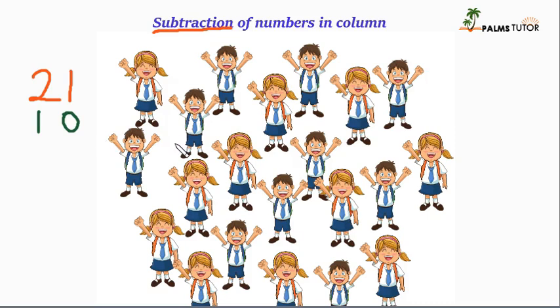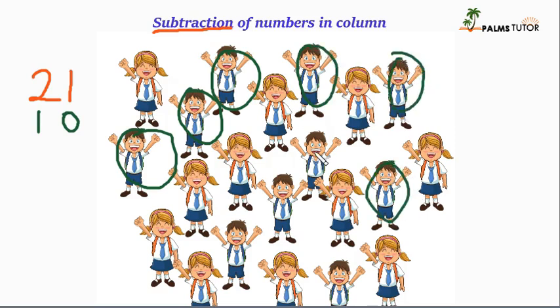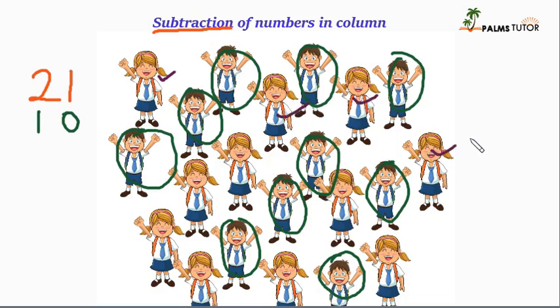Let's take away the boys. 1, 2, 3, 4, 5, 6, 7, 8, 9, 10. So how many girls do we have left? Let's count together. 1, 2, 3, 4, 5, 6, 7, 8, 9, 10, 11. There are 11 girls in his class.